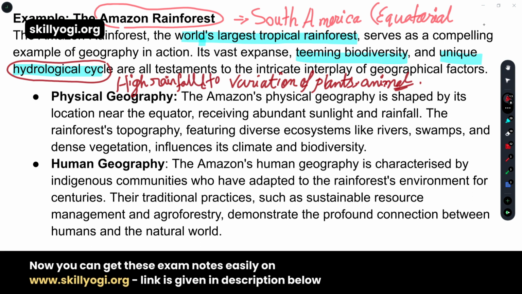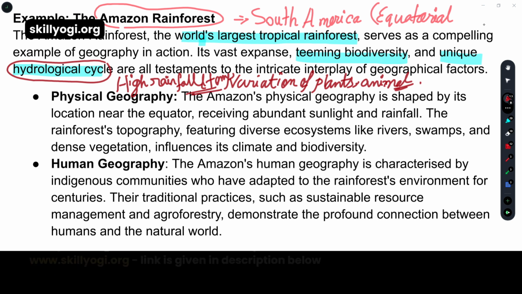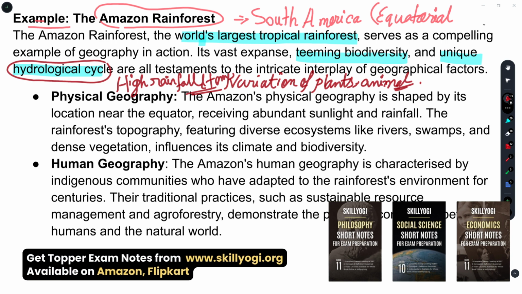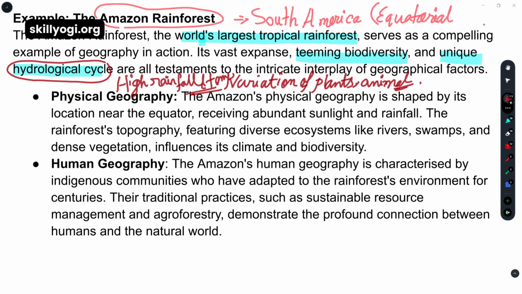Rainfall and temperature are very high, that's why we can see four o'clock rain in these kinds of areas. So that is the example which defines Alfred Hettner's concept about geography, that it's related to chorology, which is the study of the sciences of places.